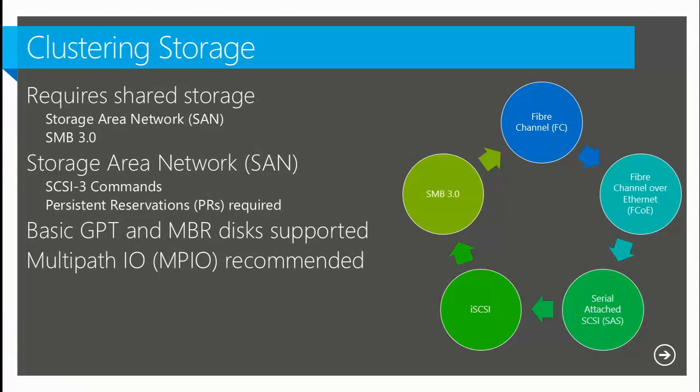So failover clustered storage. Now, we support a lot of different types of shared storage here. We support storage area networks, SANs, iSCSI, serial attached SCSI, fiber channel over Ethernet, and in Windows Server 2012, we now support SMB 3.0 file shares. So what exactly does that mean?